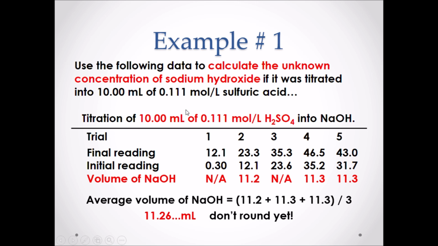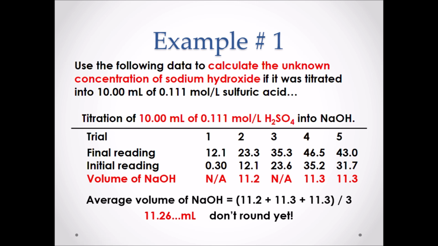Before we move forward, let's take a look at the significant digits going into the calculation. From the initial question, we have 4 significant digits and 3 significant digits. We also have to consider the significant digits used from the table. Since we only used trials 2, 4, and 5, each of these values has 3 significant digits.